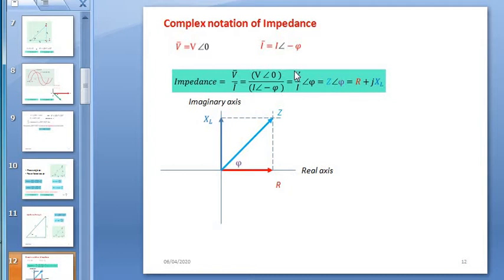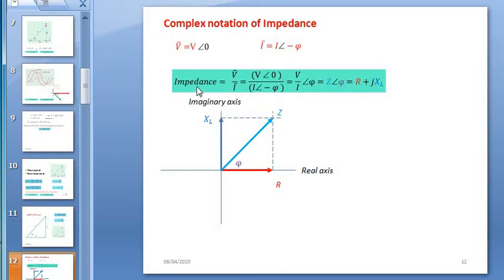Mathematically it will become V upon I, an angle. For division we have to take the subtraction of the angles, so 0 minus minus phi will become plus, positive phi. What is V by I? V by I is Z at an angle phi.